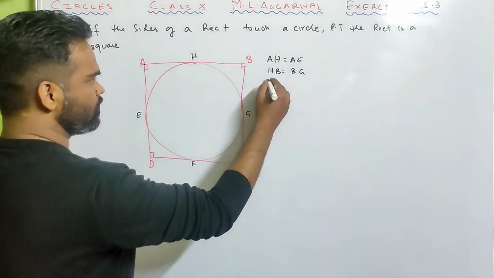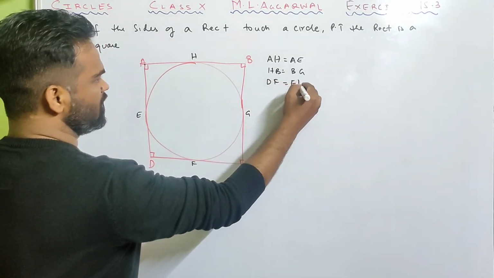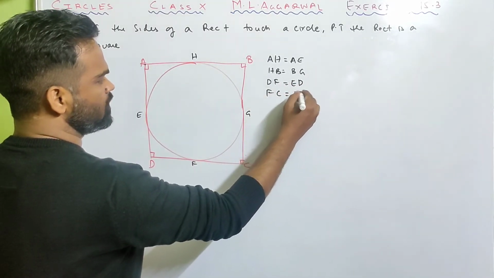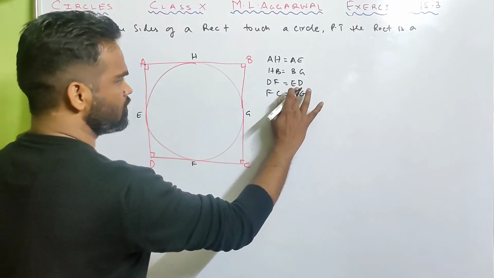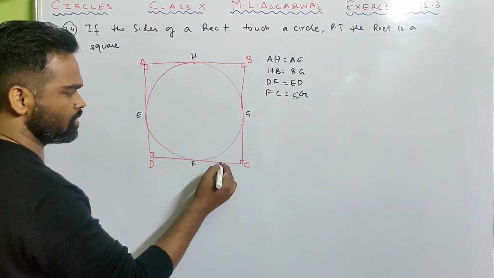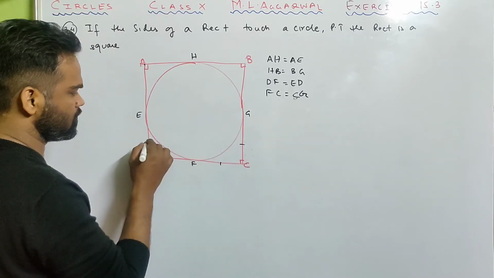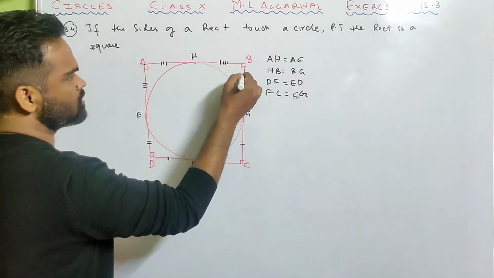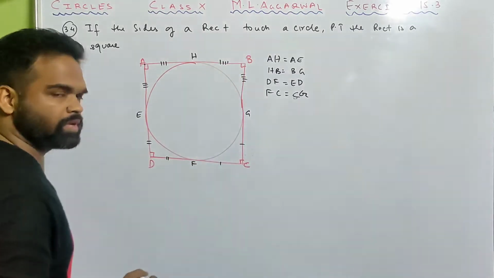Similarly, DF is equal to ED. FC is equal to CG, sorry. Yes or no? FC equals CG. This and this are equal. This and this are equal. This and this are equal. And this is equal. Yes or no?